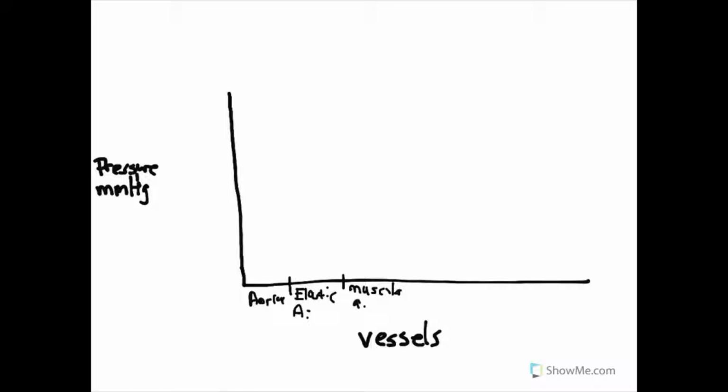Then we'll look at arterioles, then capillary beds, and then I'm just going to do the venous system generally, because we really want to focus on the arteries, on this side where we're in arterial land.